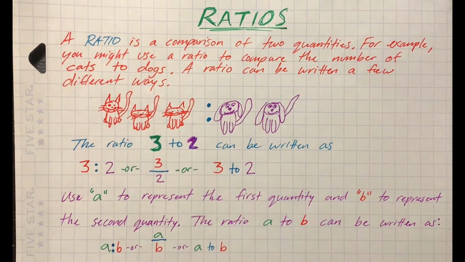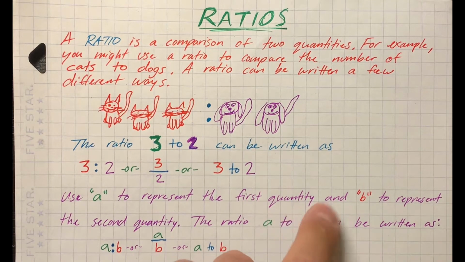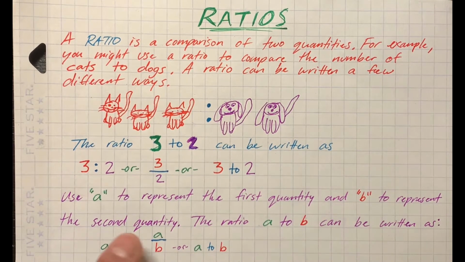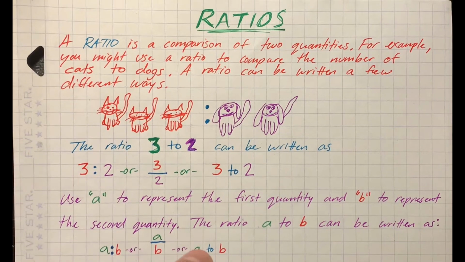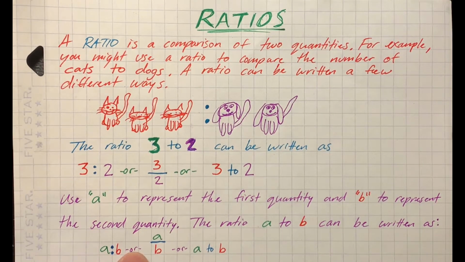Now just remember that you have to really pay attention and listen to what is mentioned first. So let's use A here to represent the first quantity and B to represent the second quantity. The ratio A to B, cats to dogs, can be written with a colon, a fraction bar, or the word to.